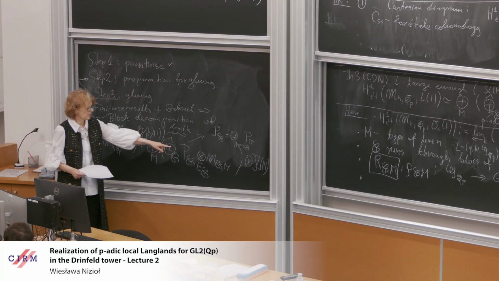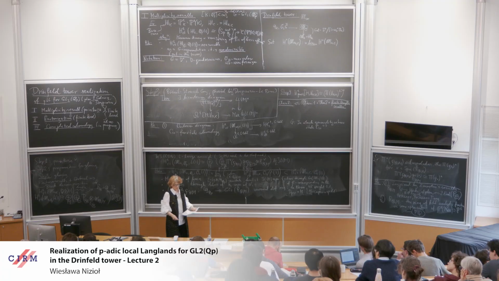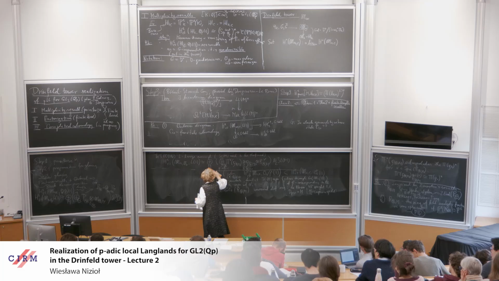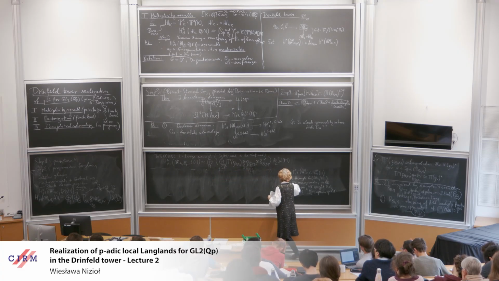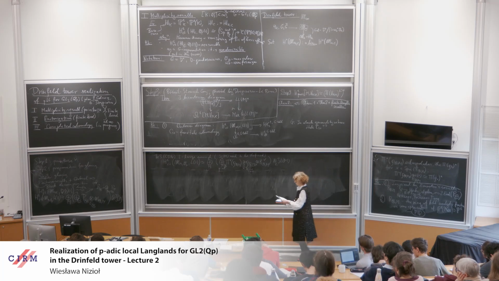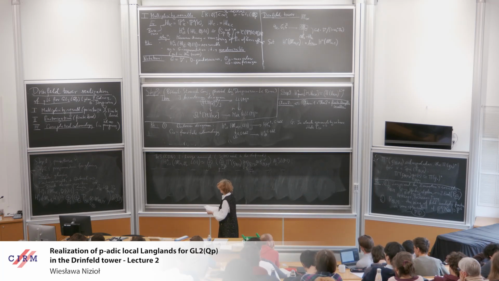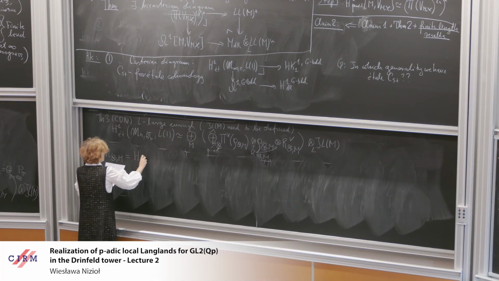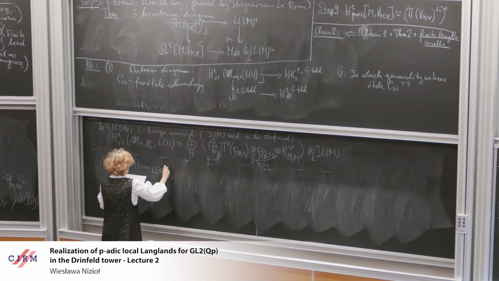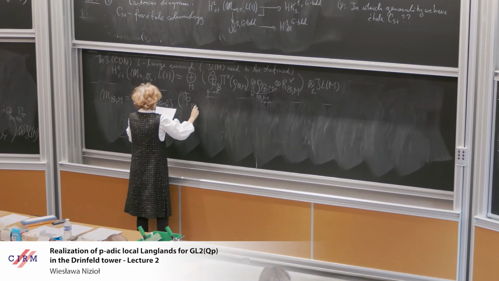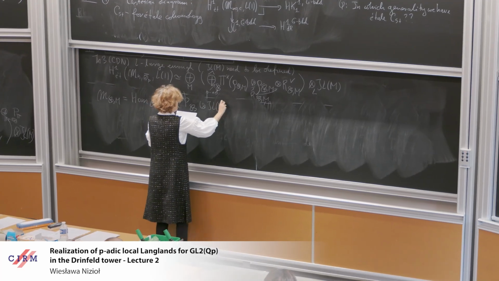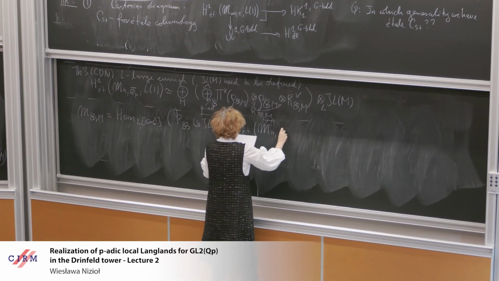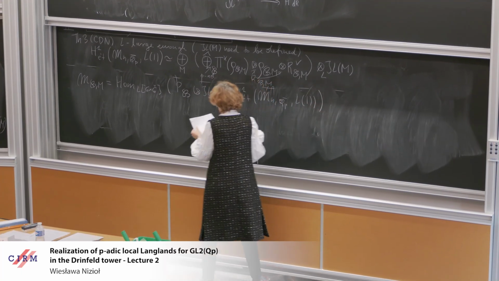So now the question was how to identify this object, right? So let me just, by definition, the multiplicity block M is from G check, projective envelope, GLM into H1 etale, and then QP bar D1 1, okay.